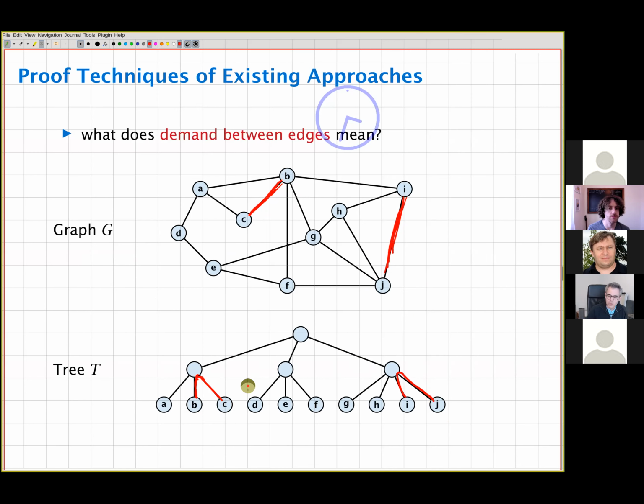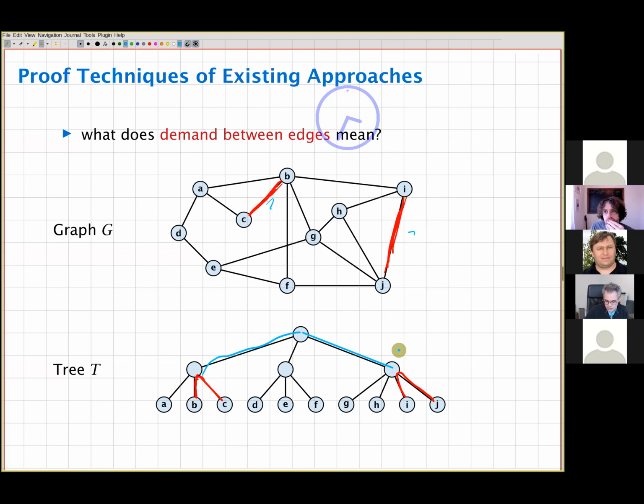And in the tree, I want just to connect these paths together. So in order to route this demand 1 from here to here, I just have to establish a path in the tree like this. So this means I'm routing this demand between edges in the tree. I just have to connect the corresponding paths.